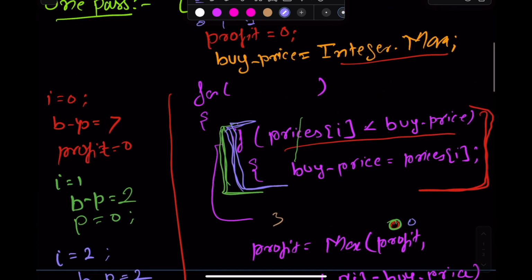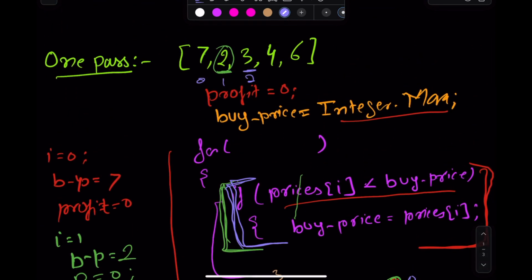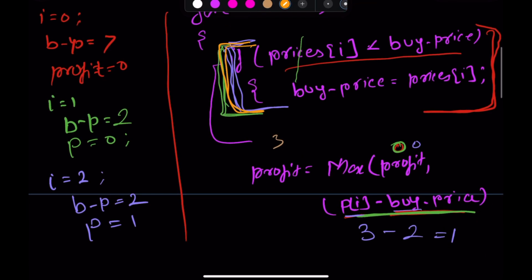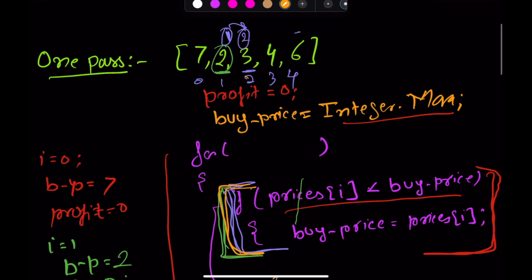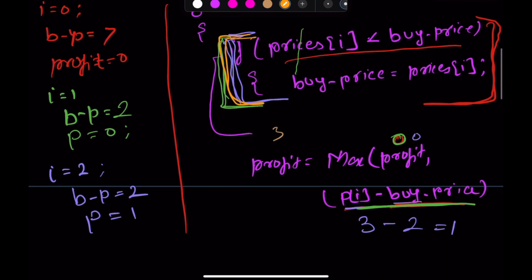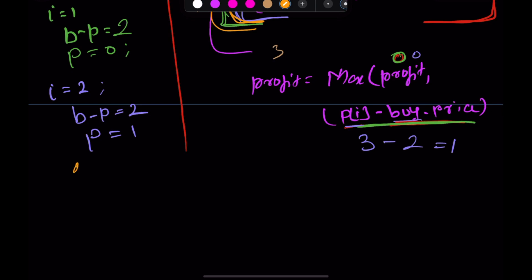It means that if you buy the stock at index 1 and sell it at index 2, the profit turns out to be 1. Now what will happen when the value of i is 4, which is this index? At this point this condition will not hold true, so you will go directly to calculating the profit.